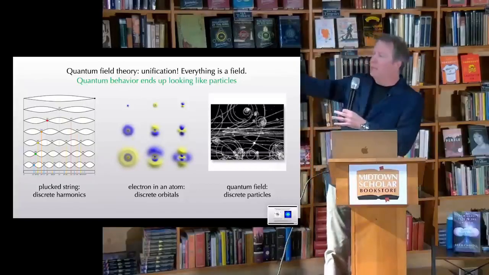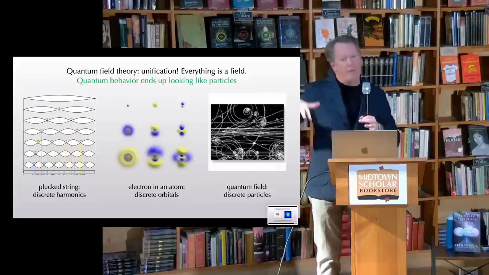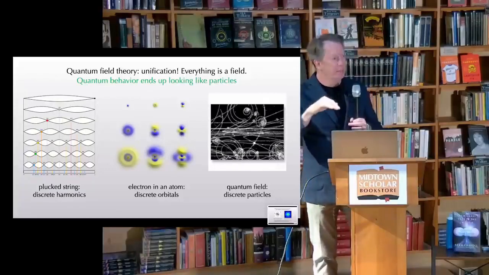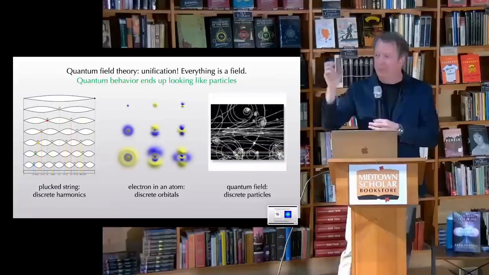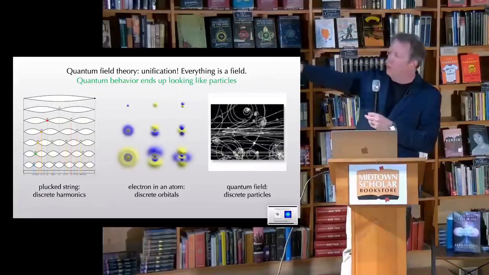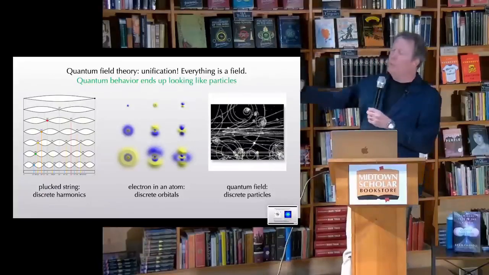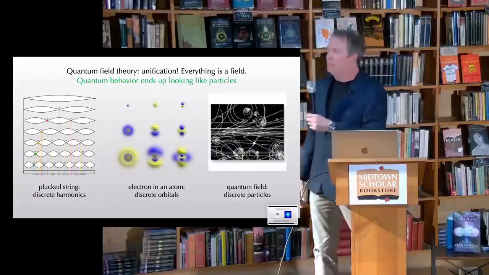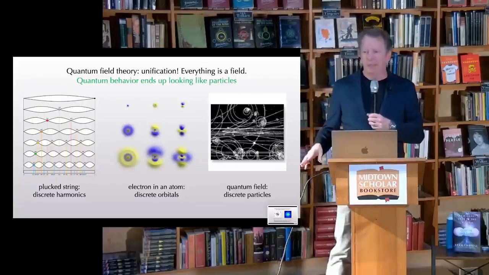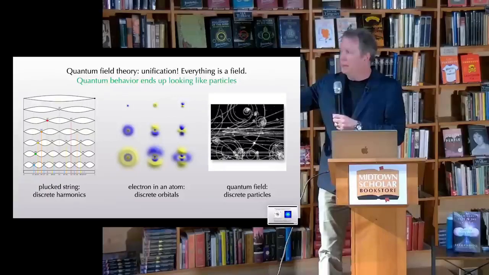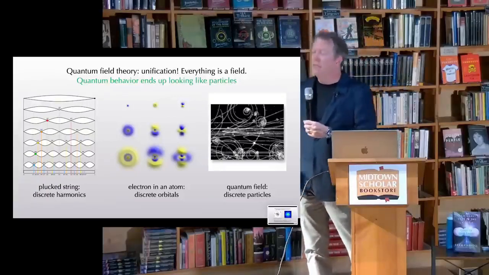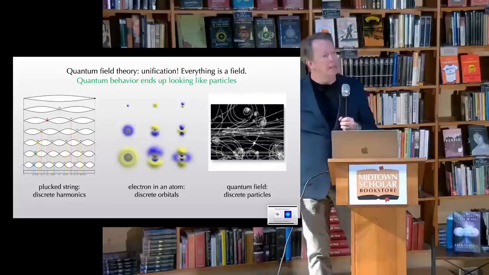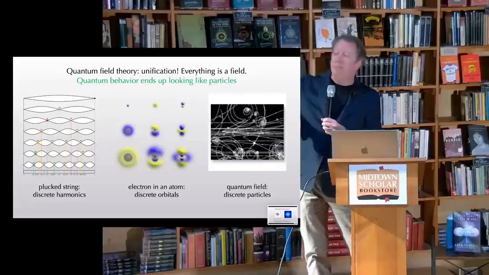There are ways the guitar string can vibrate where half of it's going up, the other half's going down, and that vibrates at twice the frequency. It has half the wavelength, twice the frequency, and so on down the line. We don't need to know about the mathematical spacing between these. We're not doing music theory. What we're doing is pointing out that the string is entirely continuous. Except for the fact that it's tied down at either end, the value of the string can be anything at all.